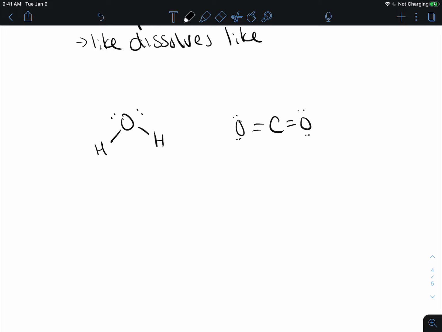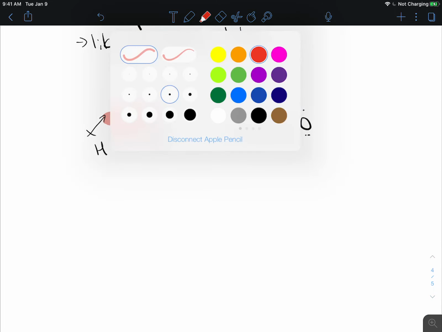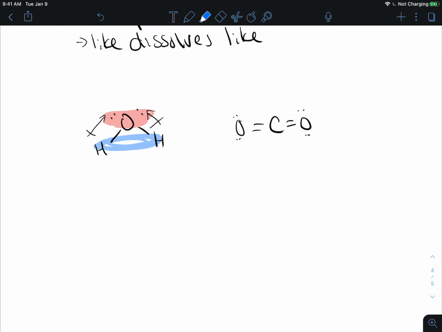If we were to draw out bond dipoles, we'd see that there's a bond dipole here and a bond dipole here. So we have an area of negative charge here, an area of positive charge here, and we produce that dipole.